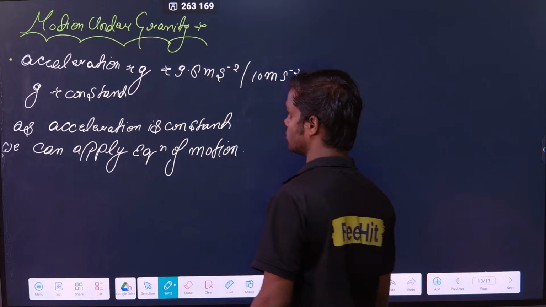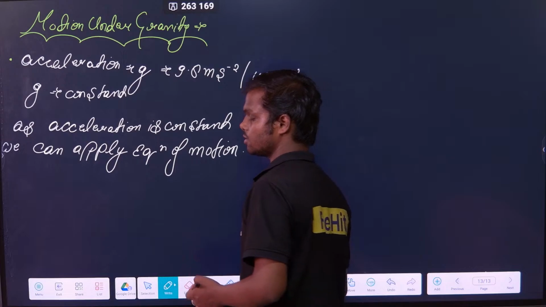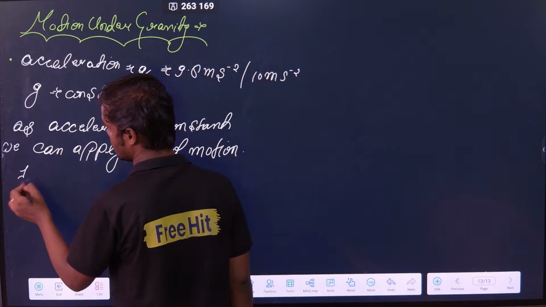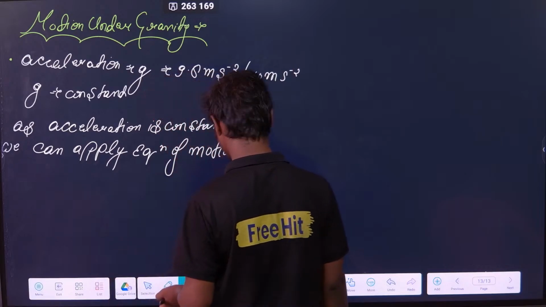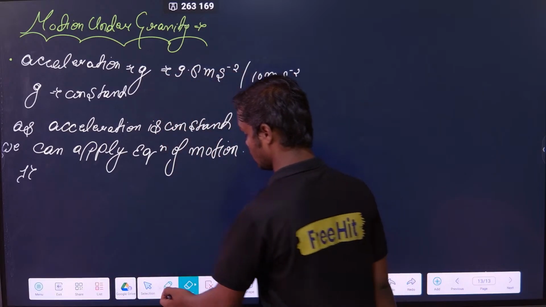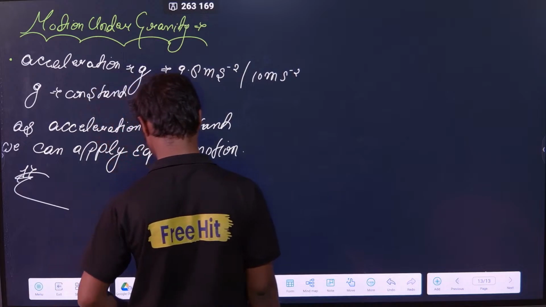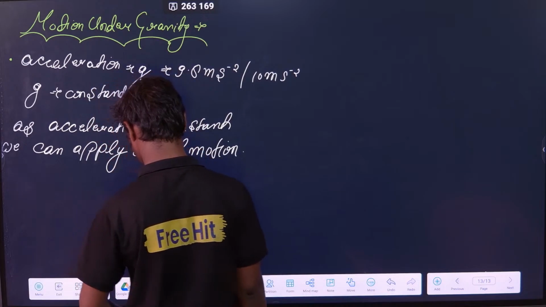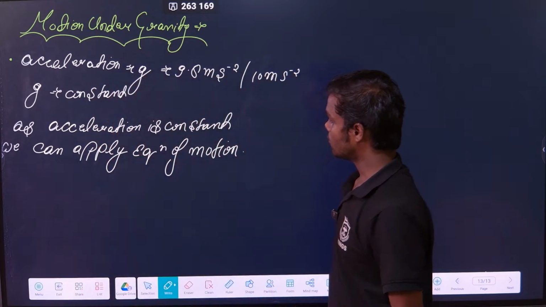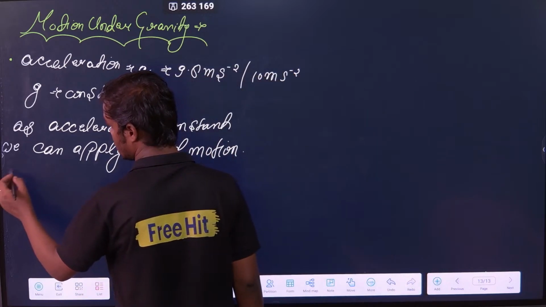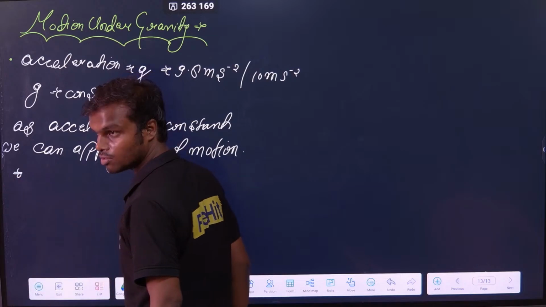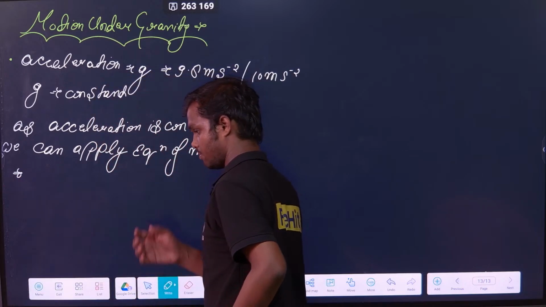And what are those equations of motion? We have seen these equations, so just now I am not going to repeat them. We know those equations, by the way. Now let us see about it in more detail.